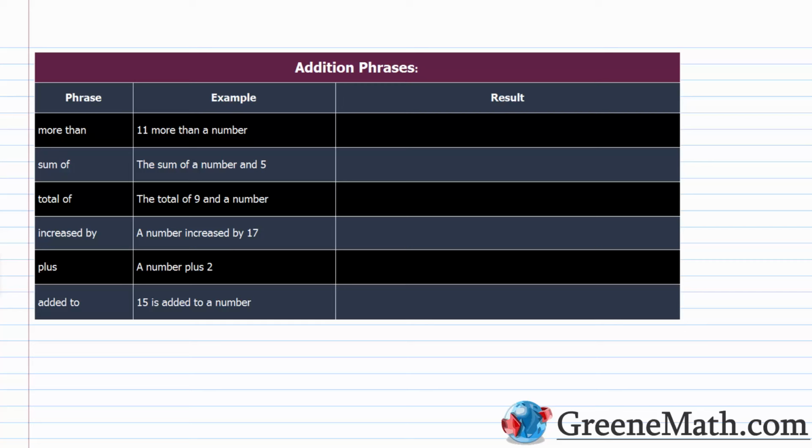You have to be able to correctly translate those phrases into the required algebraic expressions and equations that are needed to get the correct solution. So we're going to look at some of these phrases and go into how we can translate them into, again, expressions and equations.